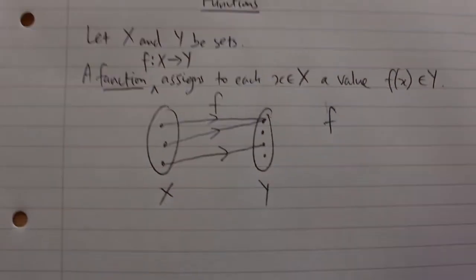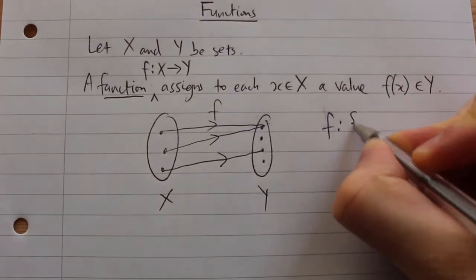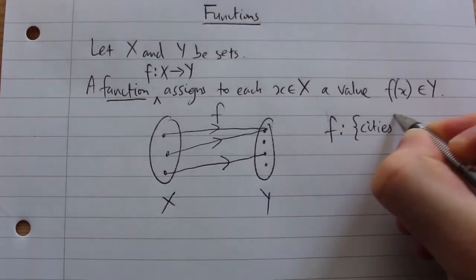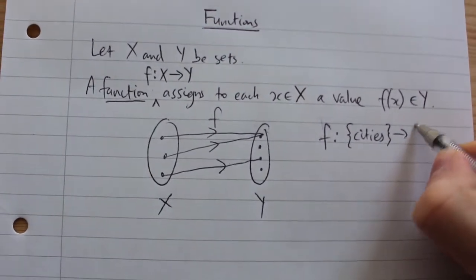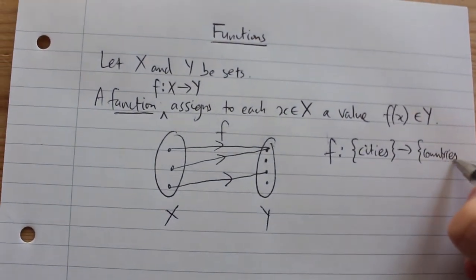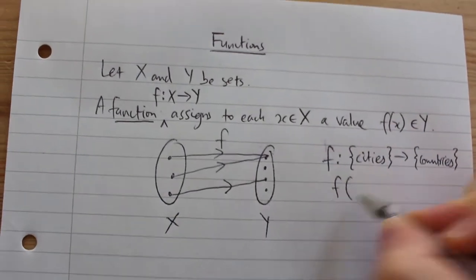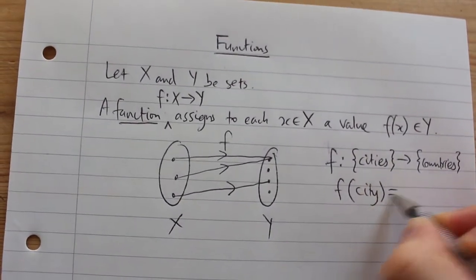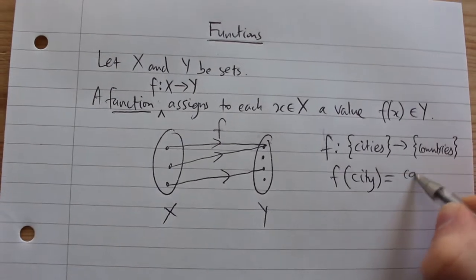To take a different example, we could have a different function from the set of cities to the set of countries, such that f of a given city is the country that city is in.